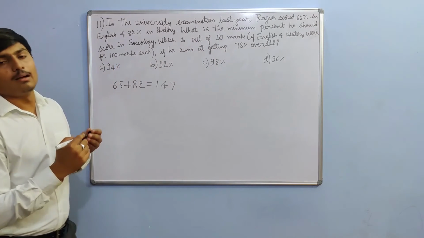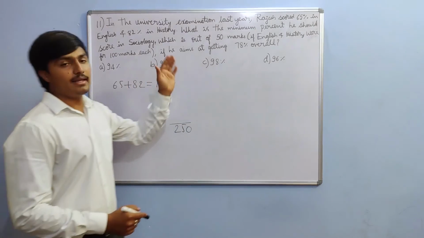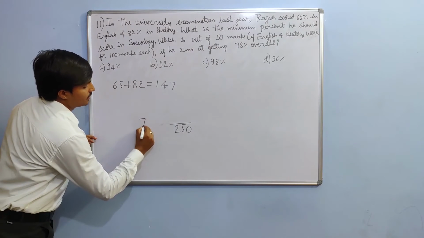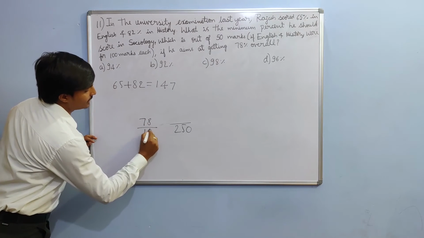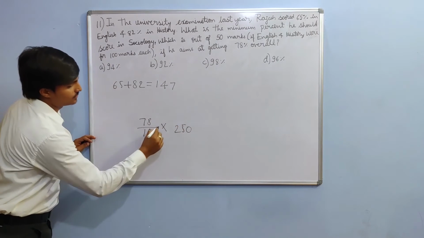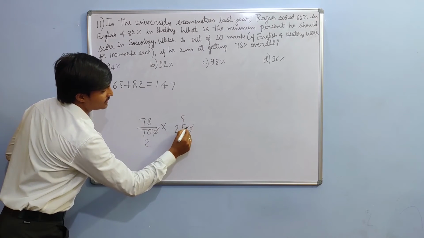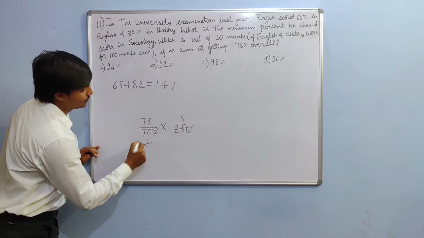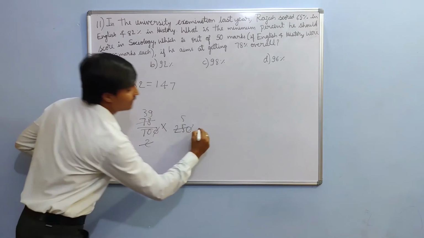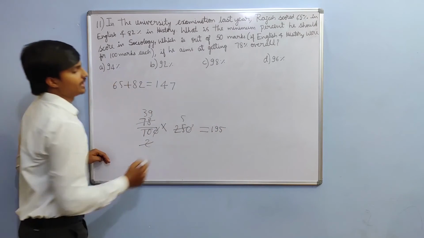So the total marks is 250, and he has to get 78% overall. It means 78% of this 250. So 39 into 5, which is equal to 195.